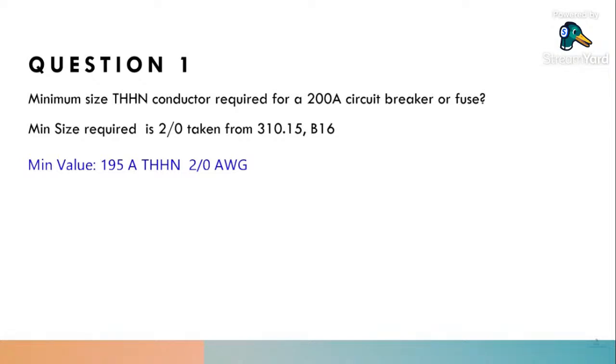However, if you notice, the value is always within the proximity or closest to the value of that circuit breaker. So we have 195 amps, so the closest value we can get is 2-aught. If the breaker is supposed to exceed the value of the conductor, then it will be sensed quite easily, right? Anything too far out of range would not provide sensing action where the breaker can actually be activated. All right, so that is how we obtain this value.